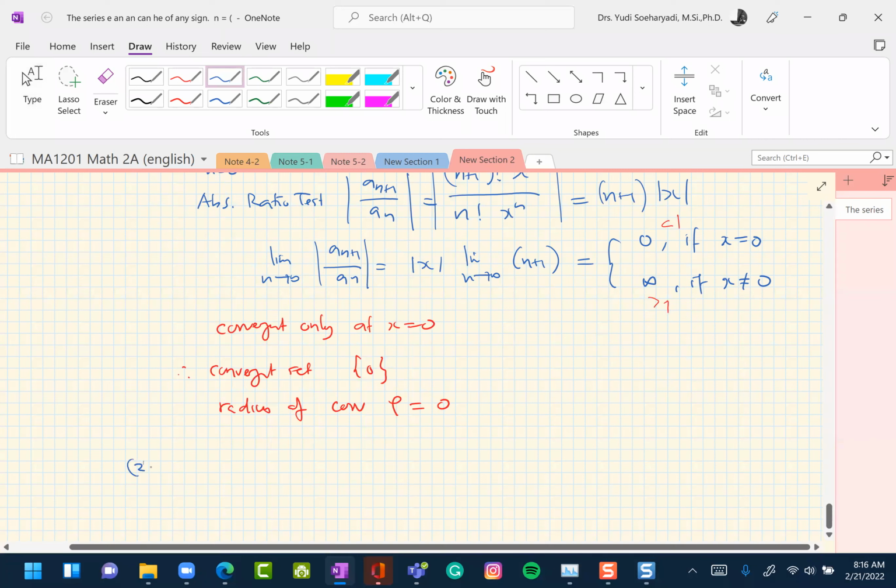Another example. Let's put the factorial as a denominator.